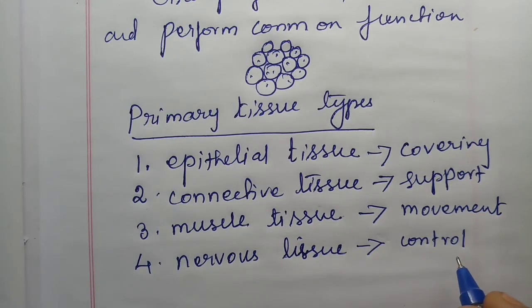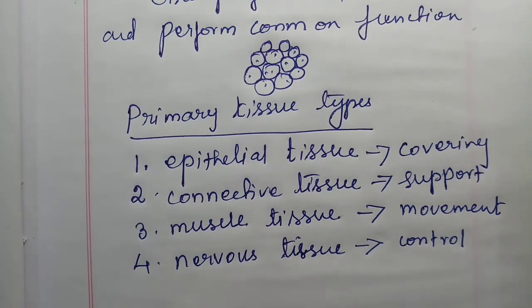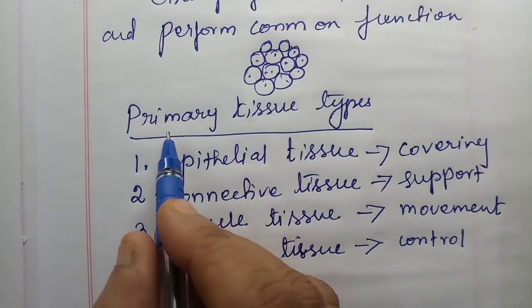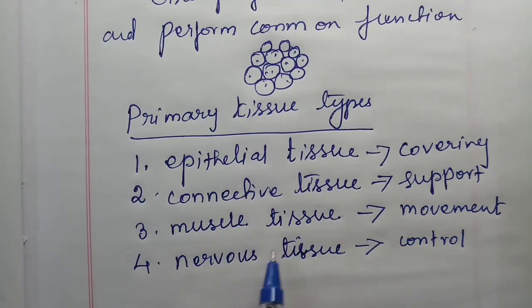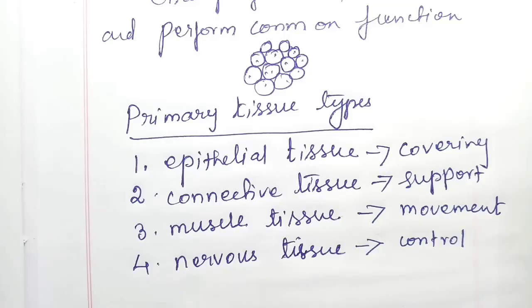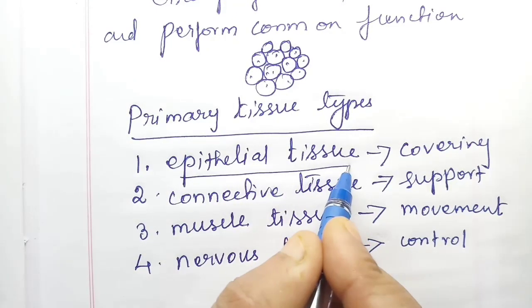Nervous coordination control is due to the nervous tissue. So, these are the four primary tissue types: epithelial tissue, connective tissue, muscle tissue and nervous tissue. Now, we are going to see the first type, epithelial tissue.